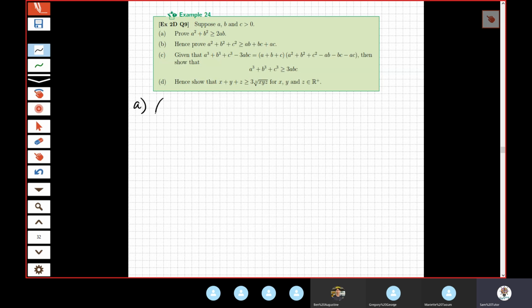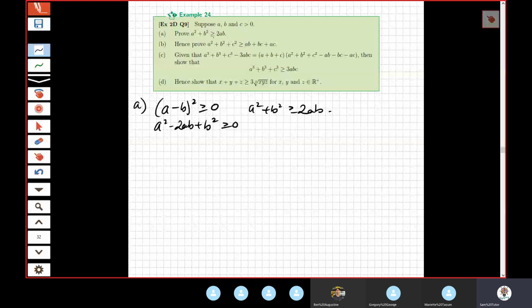You start off with (a minus b) squared is greater than or equal to 0. And then expand. And therefore you prove a squared plus b squared is greater than or equal to 2ab. Right? A squared plus b squared greater than or equal to 2 times a times b.